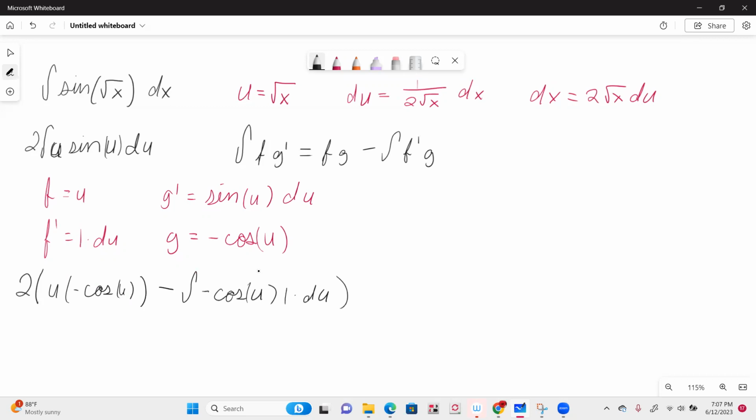Now when we simplify this, we get 2 times negative u cosine u. And now I'm going to take this minus sign here and put it out in front as a constant, so this is going to turn to plus the integral of cosine u du.